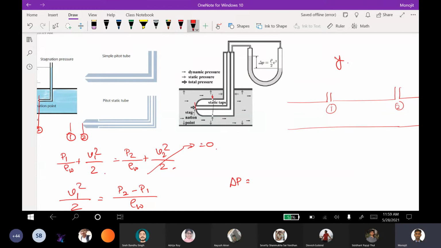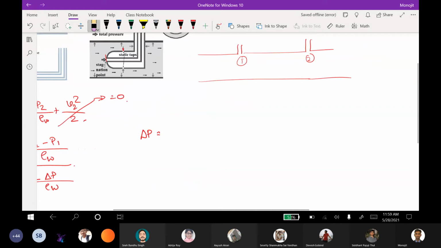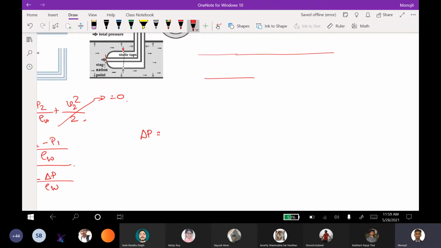Go by your manual. So here you have a tapping, and here you have your pitot tube and some kind of manometer, and this is attached to the manometer. Very poor drawing.